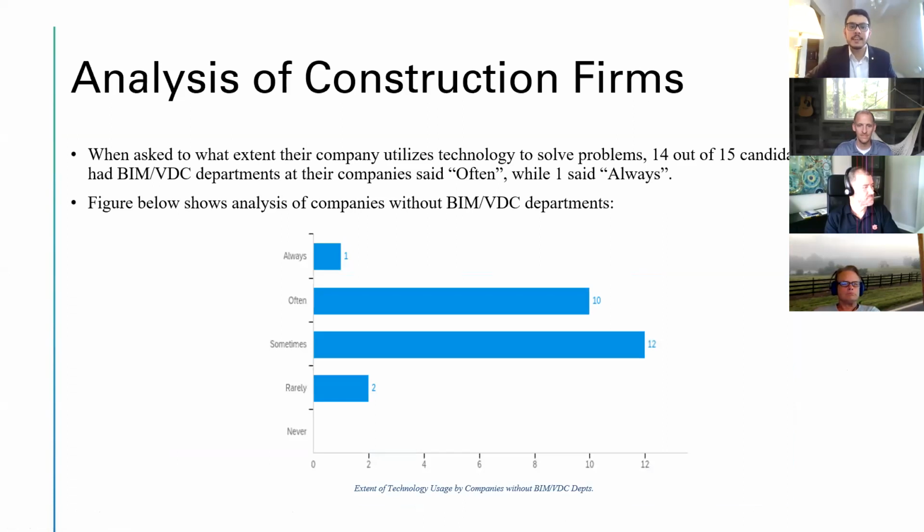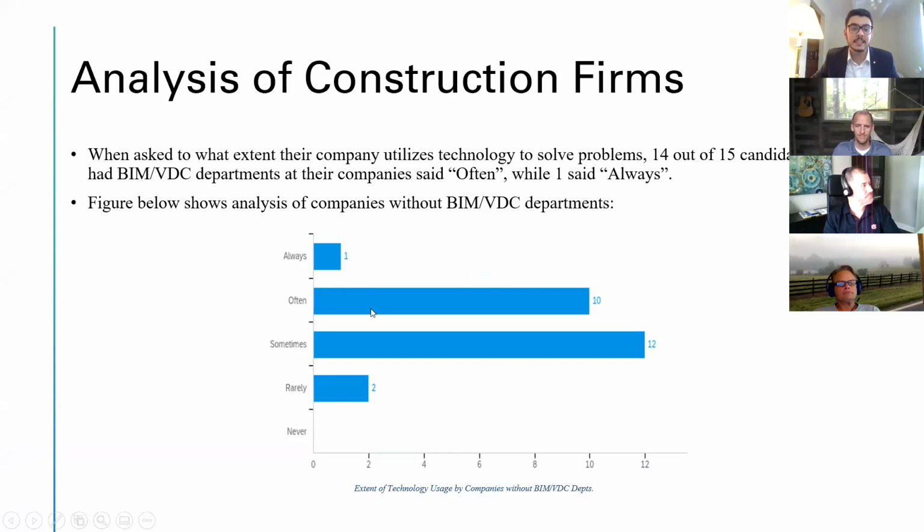When asked to what extent their company utilizes technology to solve problems, 14 out of the 15 candidates that had VDC departments at their companies said often, while 1 said always. And the figure below shows the analysis of the other people who did not have VDC departments at their companies.